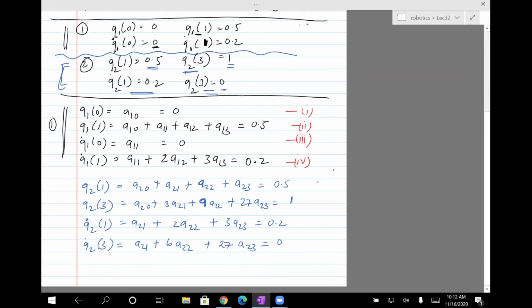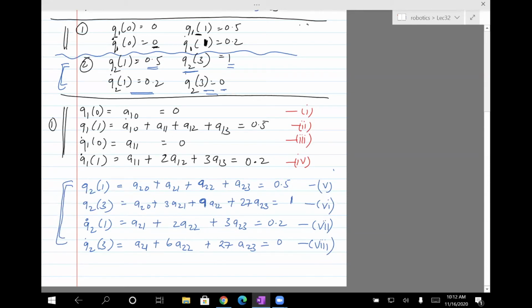Okay, so those are equations 5, 6, 7, 8.